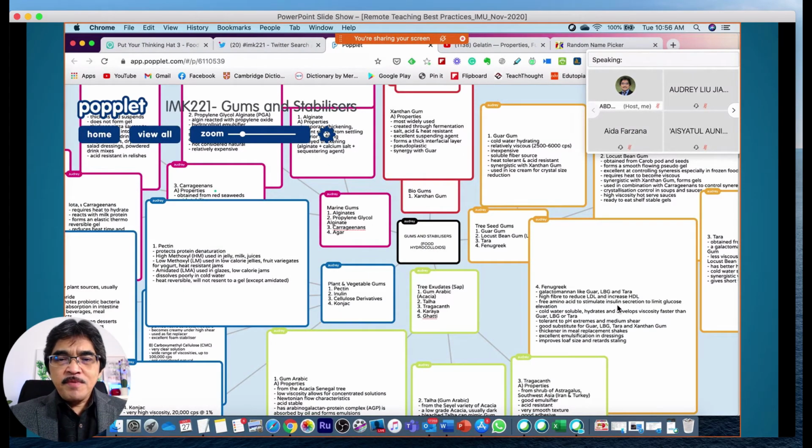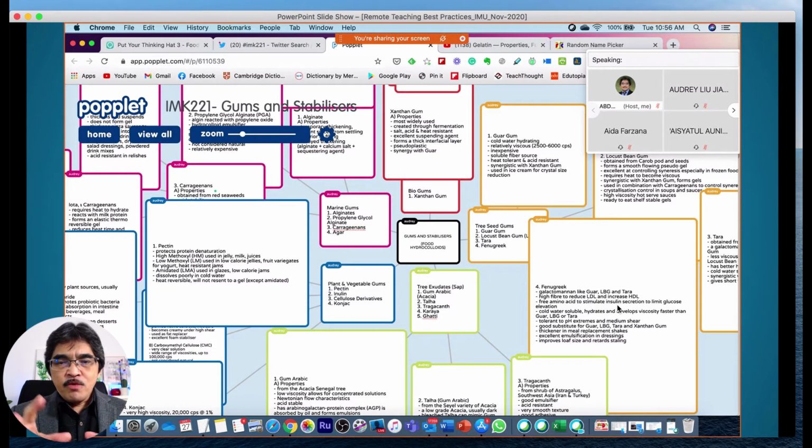Another activity that I do in the classroom: I give them something to do. Let's say in this case they have to summarize the whole topic after we have completed the first topic. They will summarize the way they understand the topic, and they will share the link to this mind map in Twitter. They have to tweet the link, and everyone will see everyone else's mind map.